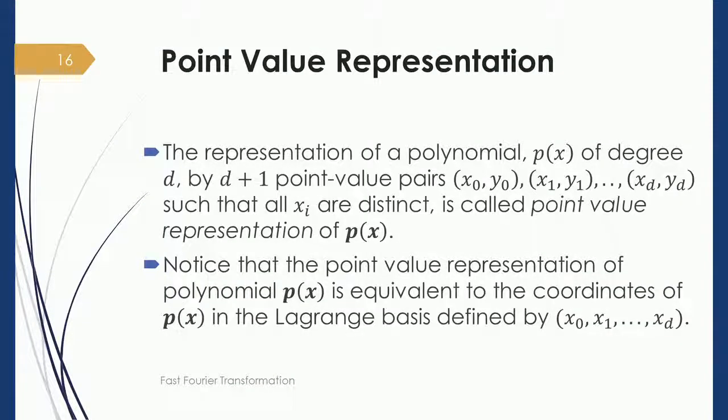So, there is a clear correspondence between the point value representation where the x sub i values are x sub 0, x sub 1 and so on up to x sub d, and the Lagrange basis which is defined by the x coordinates x sub 0, x sub 1 and so on up to x sub d.